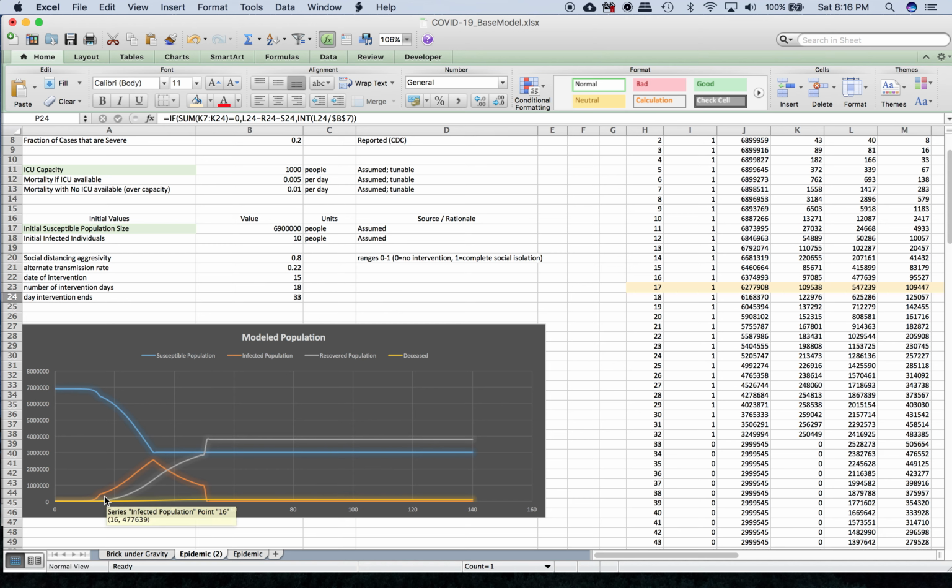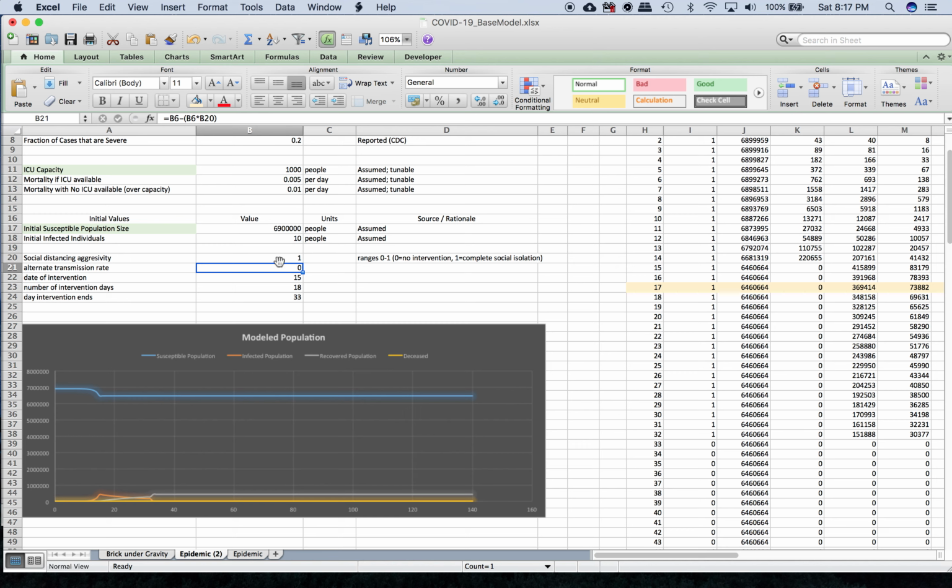So here's our infected population, rising, rising, rising. We put in our intervention at day 15, but it wasn't an absolute intervention, so we still had some growth. Yeah, there you go. And so let's set this to 1 and see what happens. Yeah, so if we set it to 1, it's got very strong intervention.